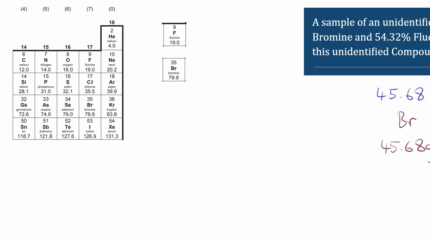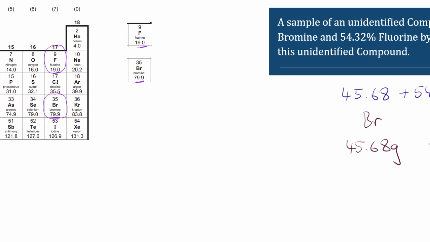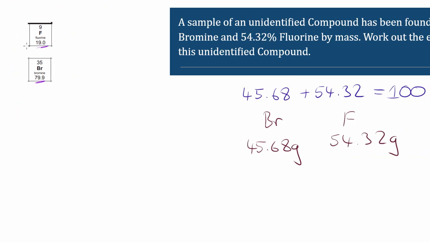And so here you've got the bromine and we've got the fluorine, and you can see we've got 79.9 and 19. These are the values I've got here as well. So if you write that out from here, the Mr, and this is all Mr in grams per mole, that's what's appropriate for our question.